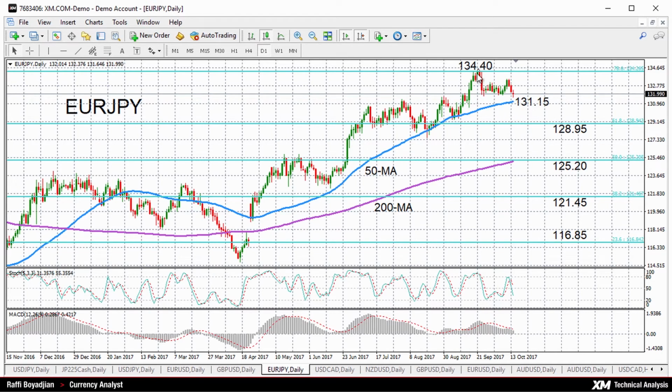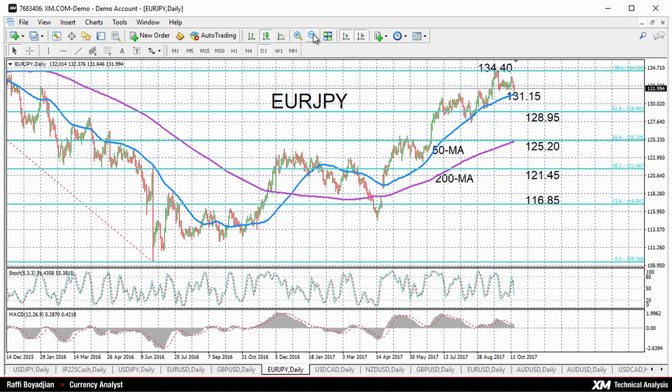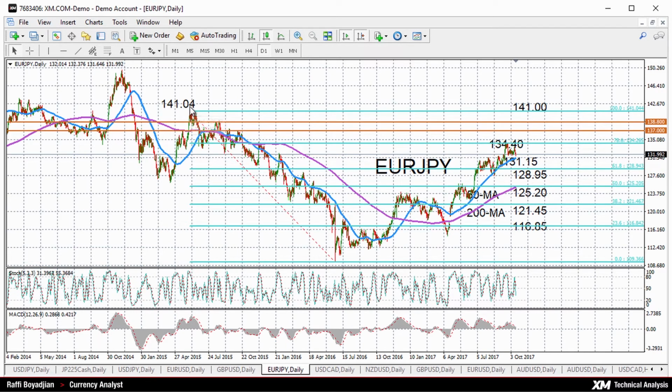Prices had peaked at 134.40 back in August, and that was the 78.6% Fibonacci retracement of the down leg from the June 2015 high of 141 to the June 2016 low of 109.